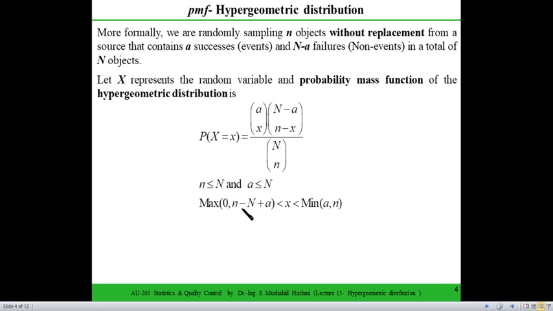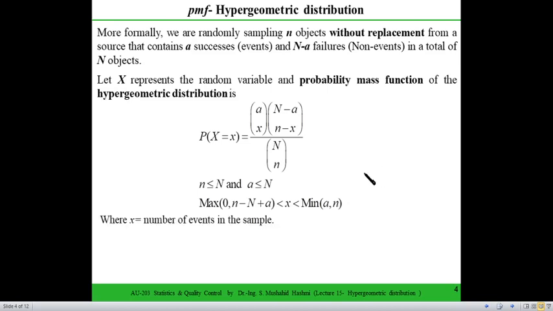Either you take the maximum of that, because if this number comes out to be negative, then 0 would be the maximum of that. So the value of x you are interested in would be between this value and the minimum of a and n, whichever value of a and n is smallest. So the value of x can range from this to this.